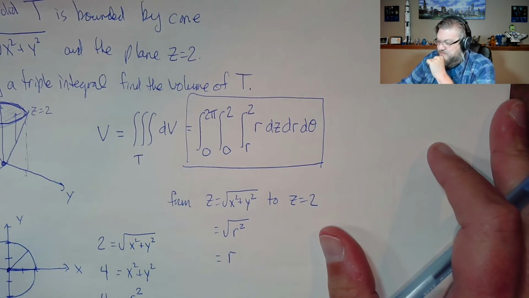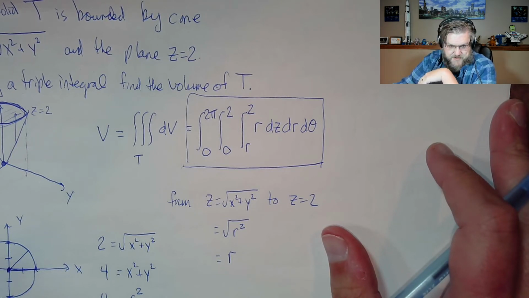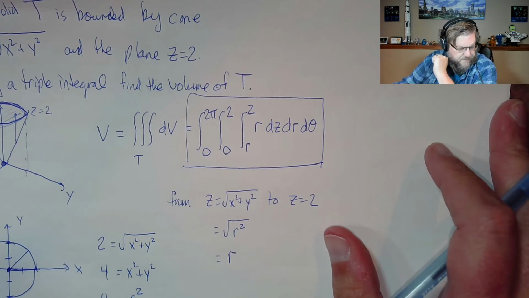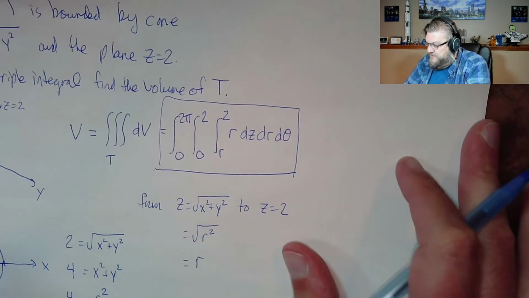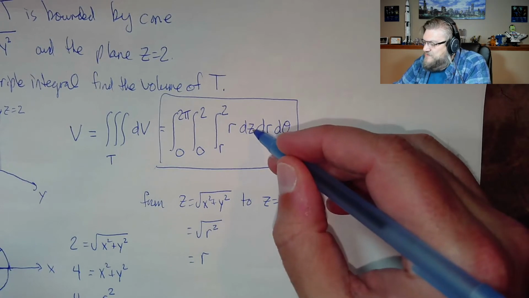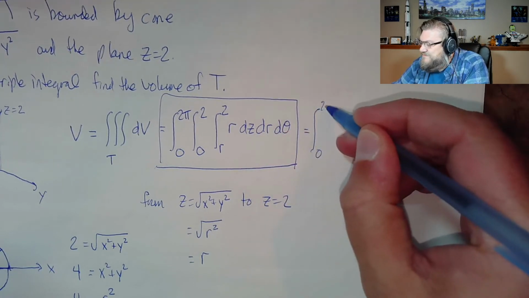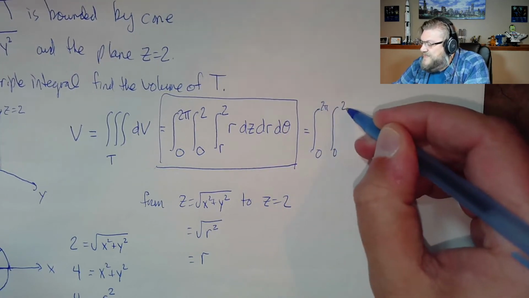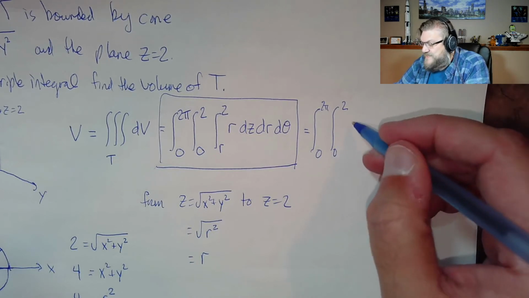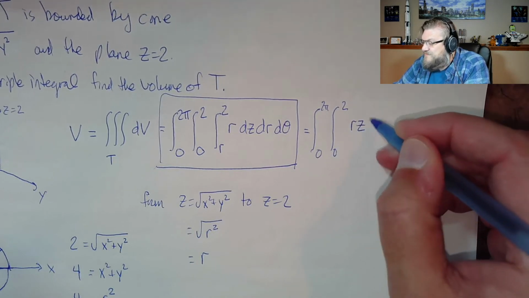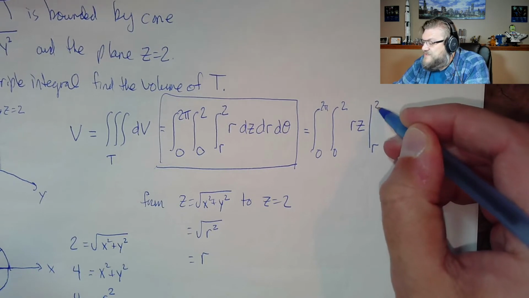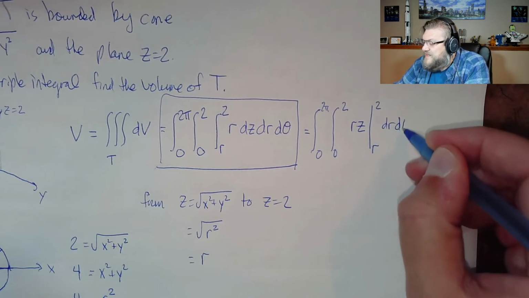Let's go ahead and actually do that example. Let's actually calculate that. And then maybe you could even check it with a known formula for the volume of a cone. So let's go to it. I'm going to do integration with respect to z first. The integral of r with respect to z is r times z, evaluated from r to 2, dr d theta.